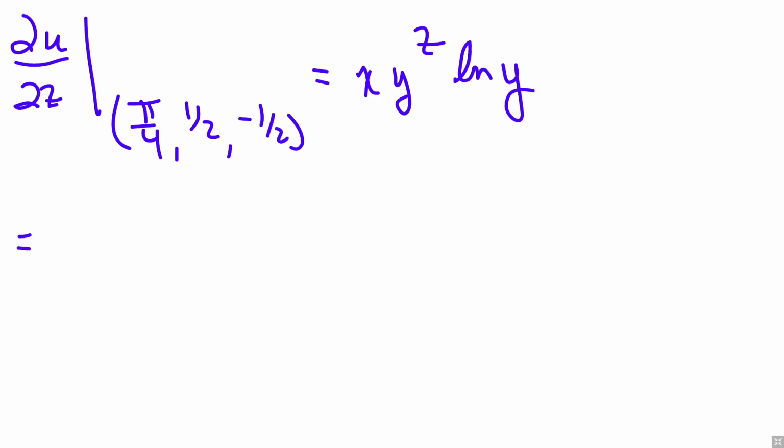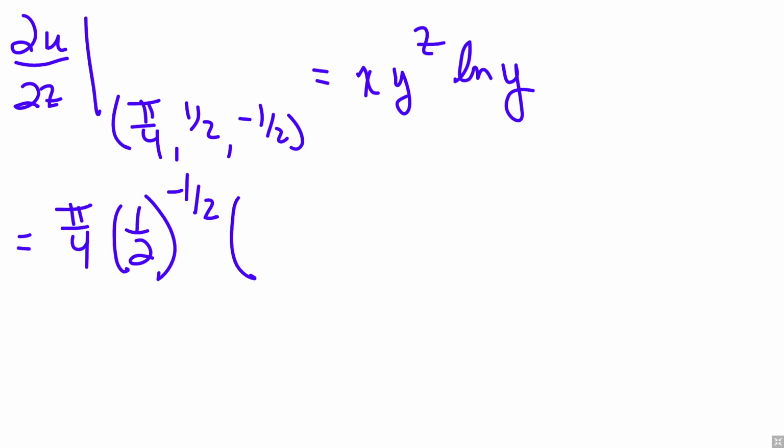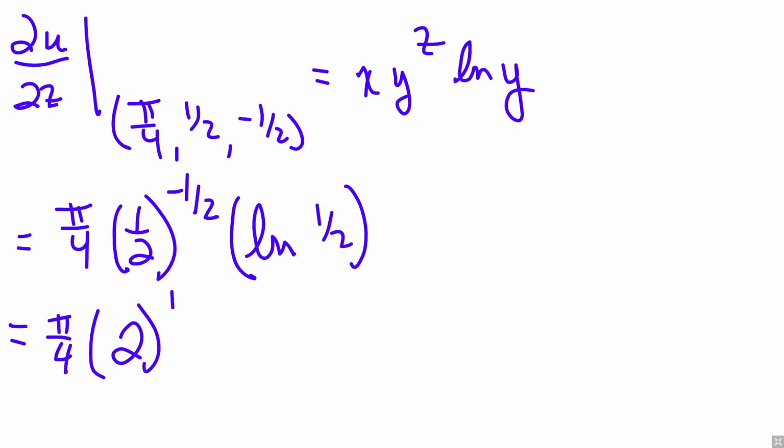So if we take a look at that, in place of x, we're going to put in pi over 4. In place of y, we're going to have 1/2. We're going to raise that to the negative 1/2. And then we're going to multiply that by the natural log of y, so the natural log of 1/2. So we're going to have pi over 4 times basically 2 to the 1/2 times the natural log of 1/2.